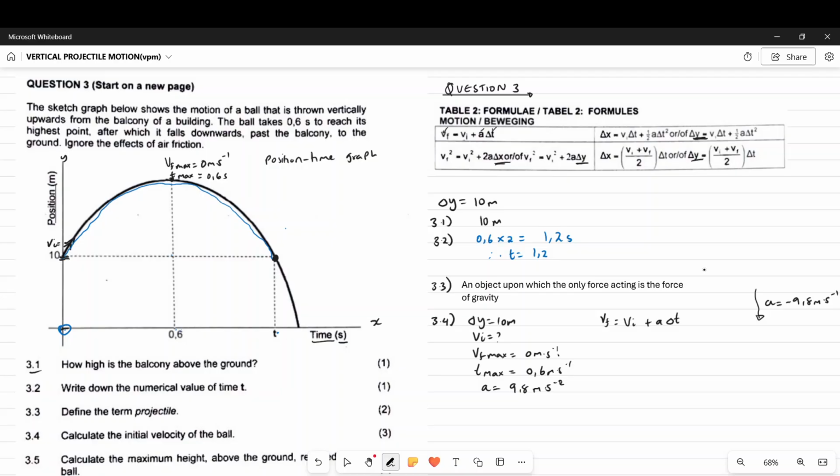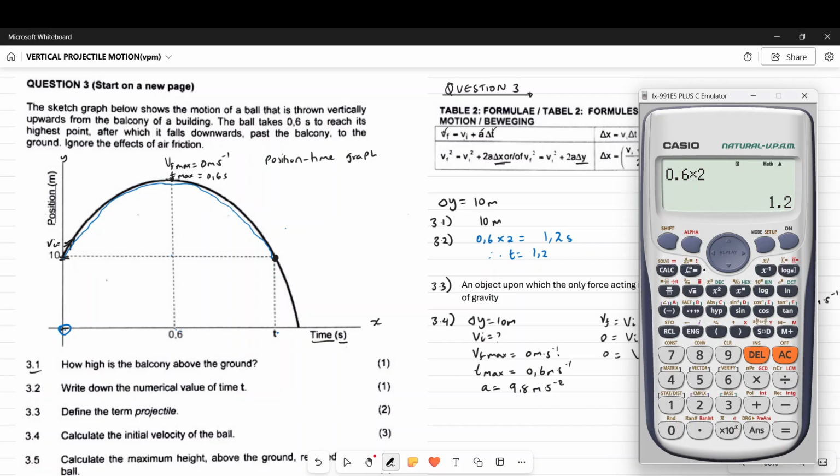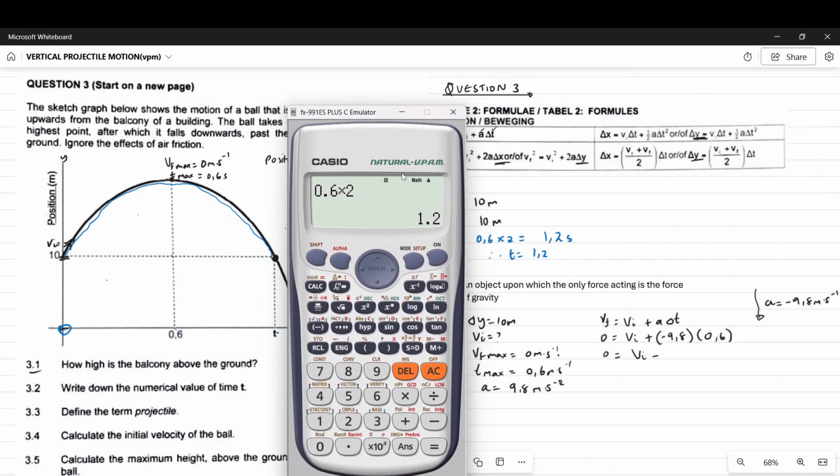So now vf, which we know is 0, is equal to v initial plus a, which will be negative 9,8, and my time at the maximum height will be 0,6. So now 0 is equal to v initial minus, let's put this on the side and punch this in.